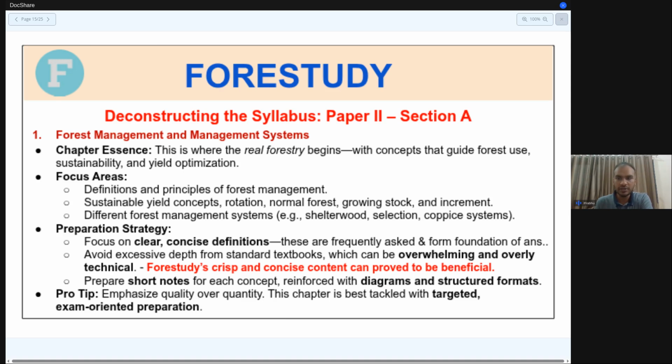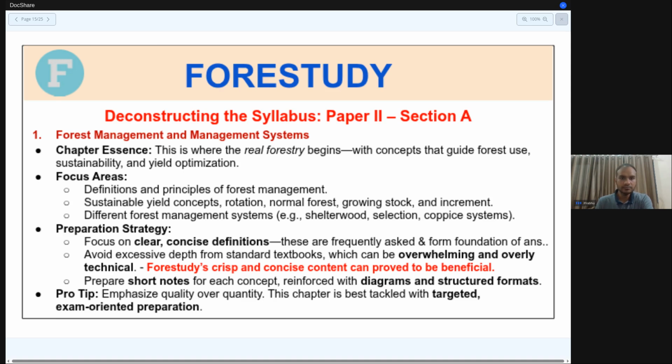Okay, so we will start the program. The first chapter in paper 2 section A is forest management and forest management system. This is where the real forestry begins, because at the ground level we will be managing the forest, and forest management plays a vital role.